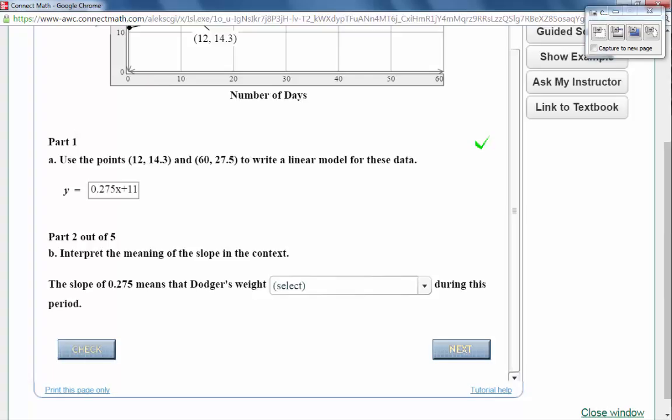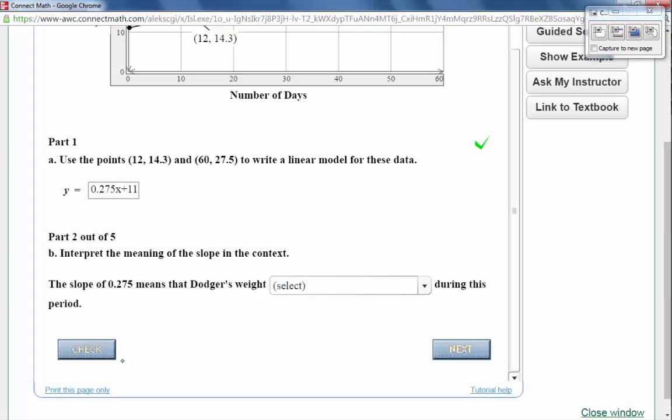So what does every piece on this x line stand for? Is it 1 minute, 2 minutes, 3 minutes? It's days. So each day your line is going up at what rate?